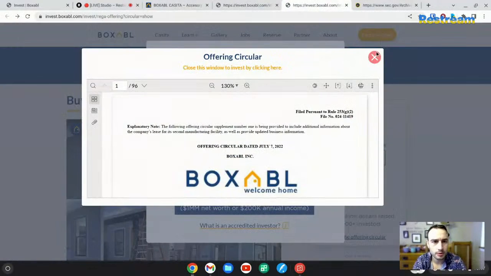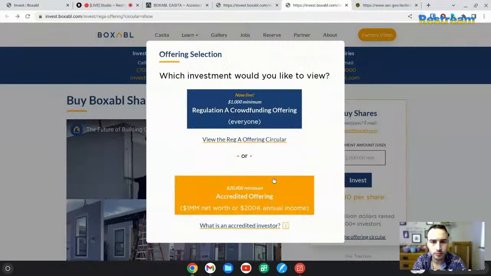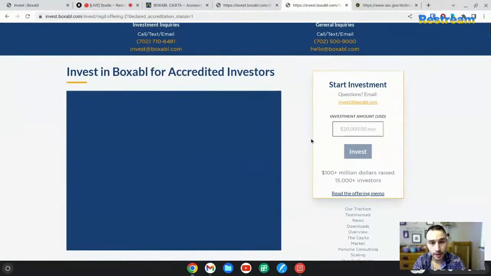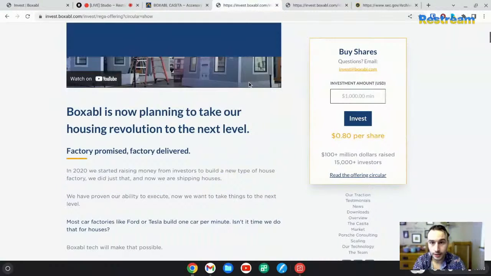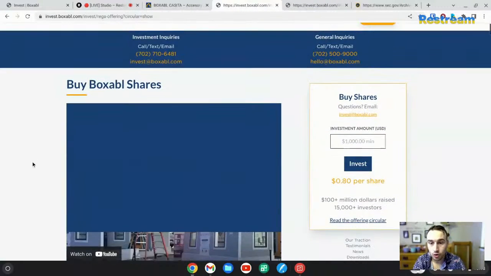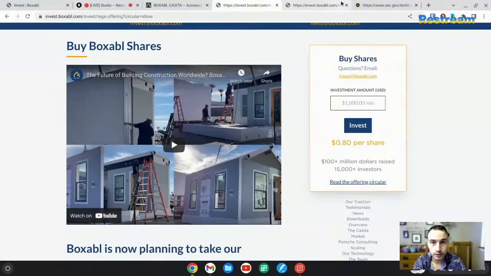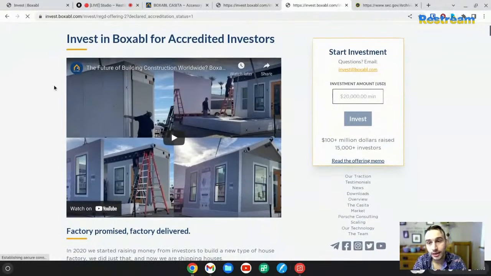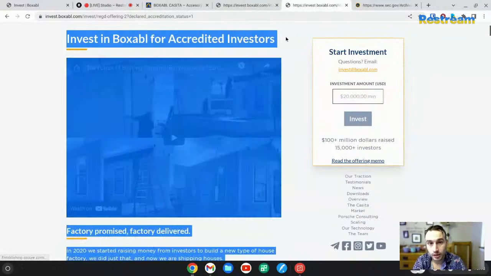Let's do some comparisons on these two different pages here. So we have their accredited page here and also their non-accredited Reg A page. Different headlines. Non-accredited is "Buy Boxable shares." Accredited is "Invest in Boxable for accredited investors."